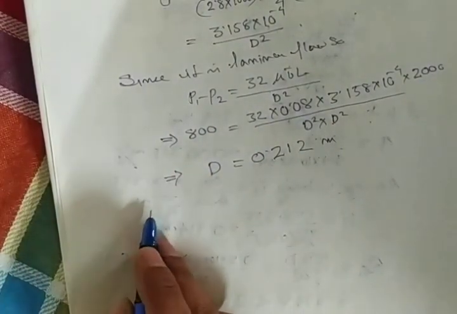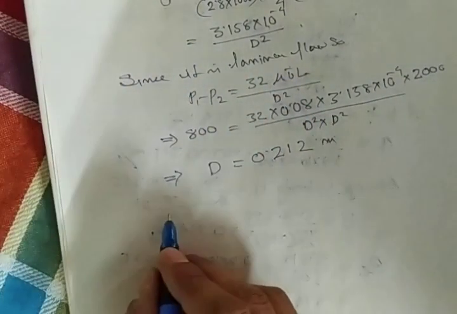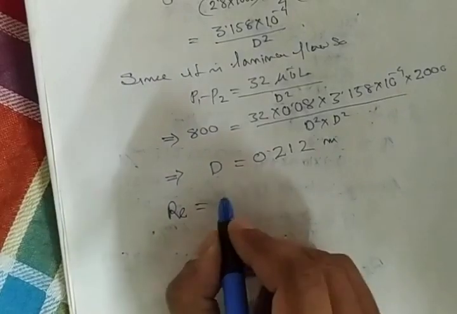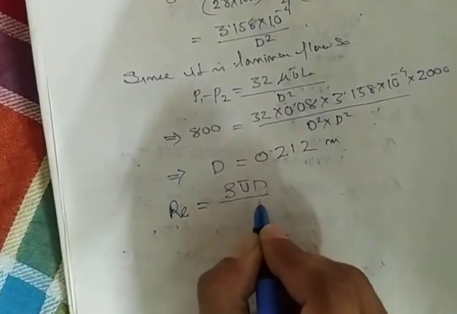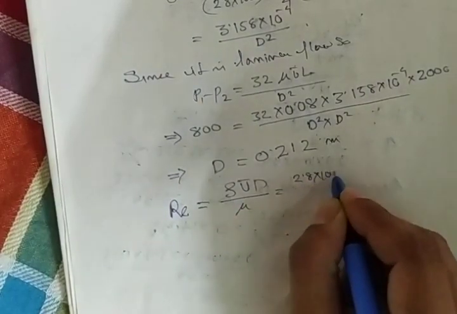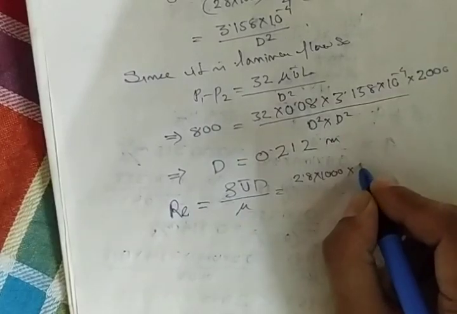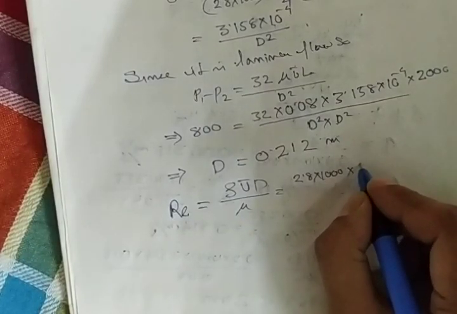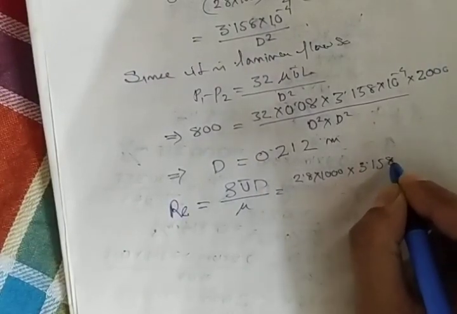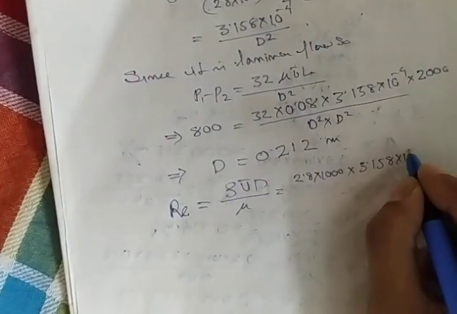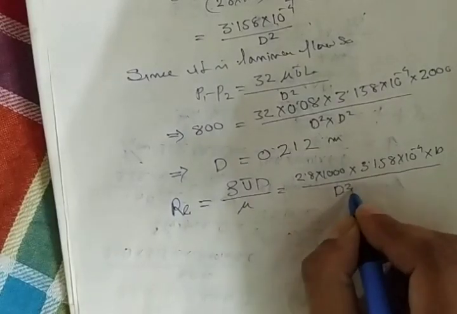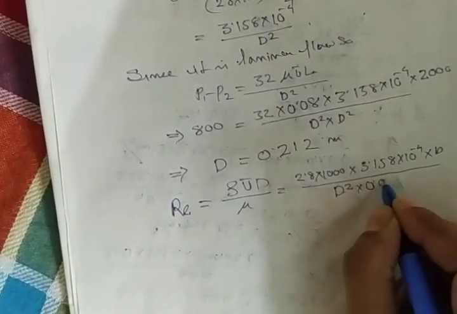Let's check whether this is laminar flow, since we assumed it was laminar. So let's check. Re is equal to rho u bar d by mu. So 2.8 into 1000, this is the density, velocity is 3.158 into 10 to the power minus 4 divided by d square, this is d, into 0.08.